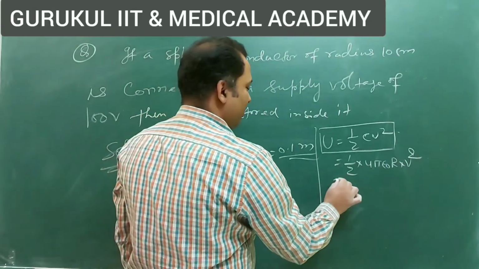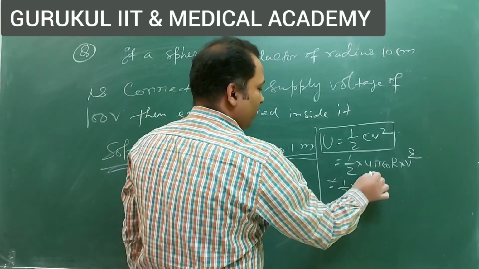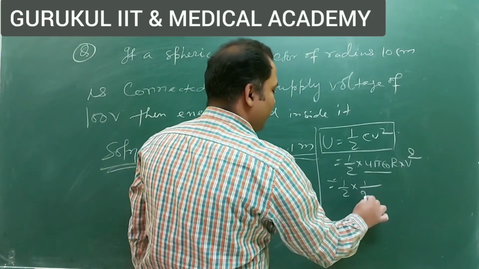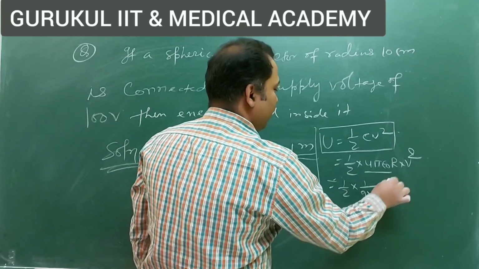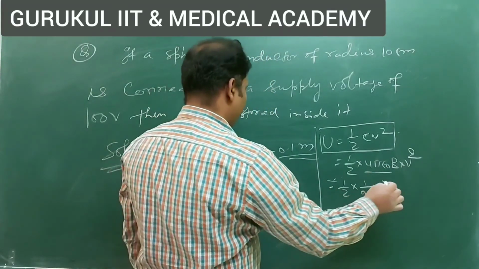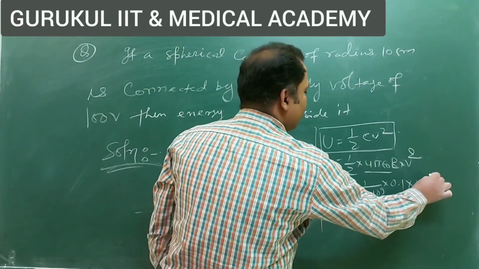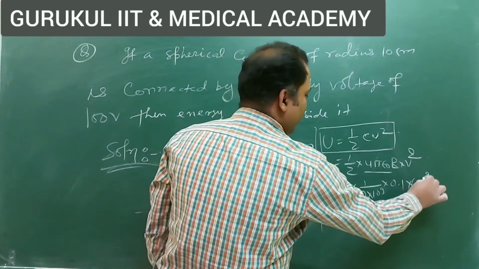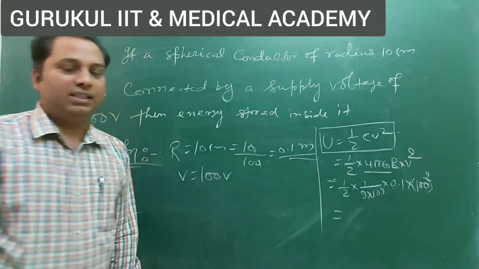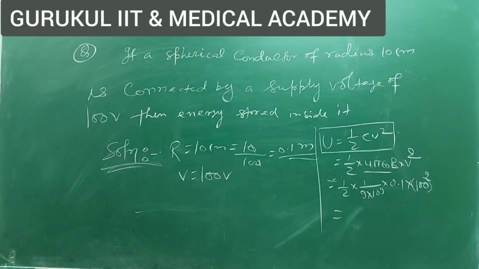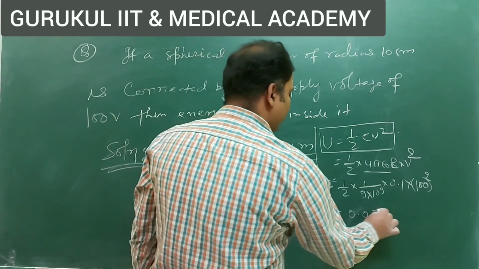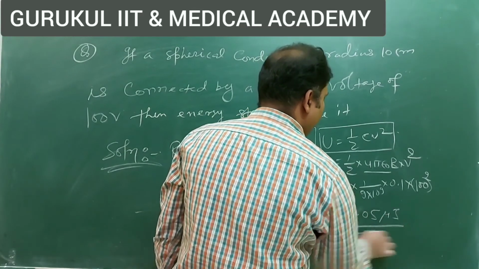Half 4 pi epsilon naught is 1 upon 9 into 10 to the power 9, the radius R is 0.1 and V square means square of 100. Now calculate it, check. If you calculate this, the answer will be 0.05 microjoule.